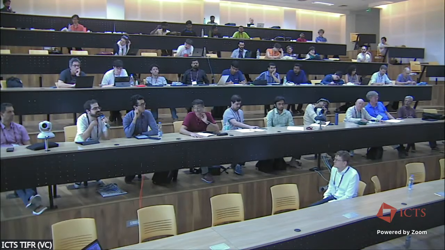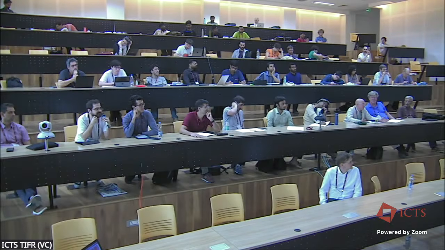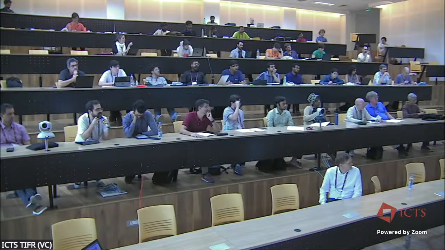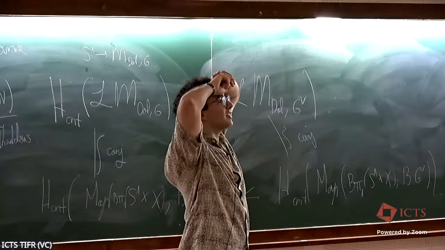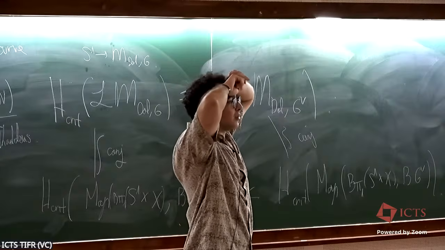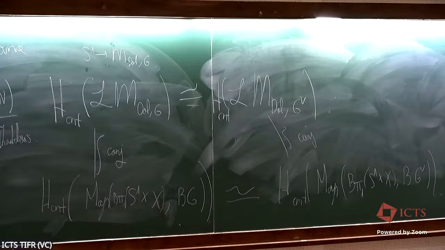But how should I think about an object in that thing? Yeah, the Higgs bundle. I don't think I have a good answer for how to concretely think about an object here. Really, you can think about a Higgs bundle together with an automorphism, maybe.